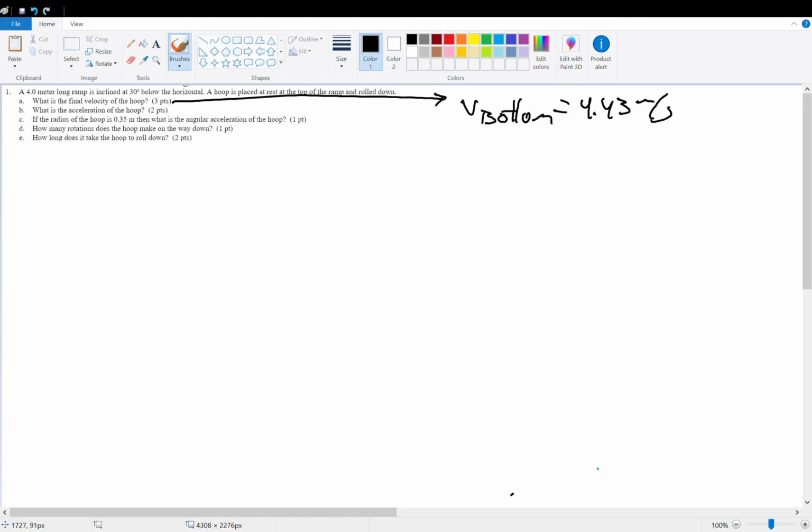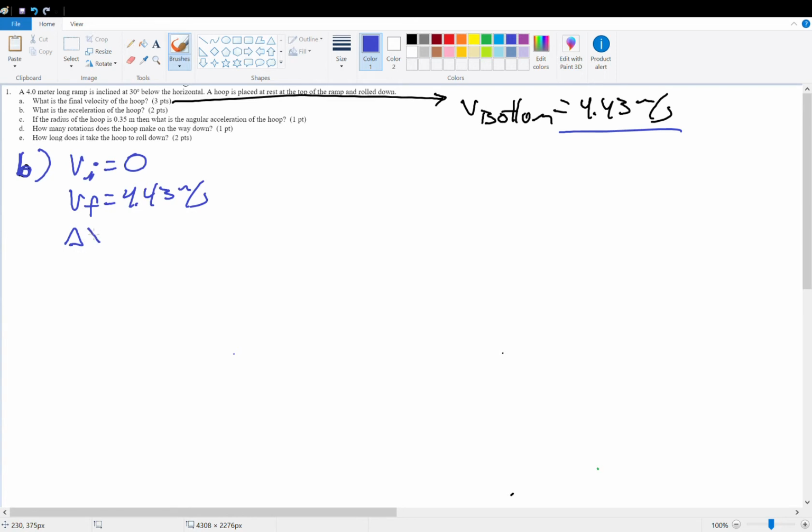Now the rest of this is basically just using chapter 1 stuff with a little bit of jumper stuff. Part B wants us to know the acceleration of the hoop. So let's think about the stuff we know. The starting velocity of the hoop was 0. Final velocity at the bottom is 4.43.